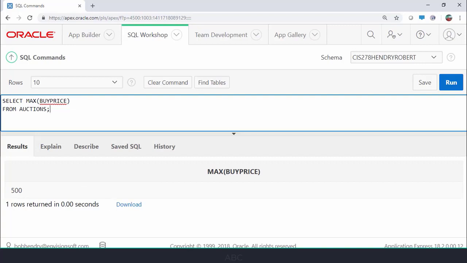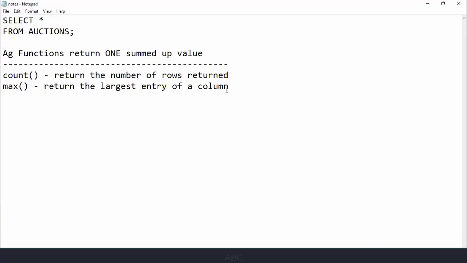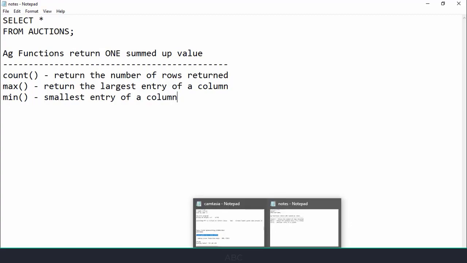Now, on the flip side of that, we have min. Min gives us the smallest entry of a column. Min is really just the flip side of max.